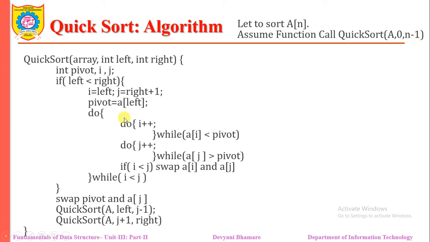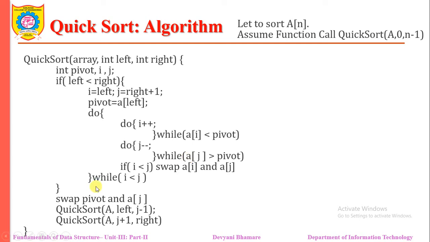Here I and j are the variables that keep track of increasing I and decreasing j. We increase I from the 0th location until we get an element greater than the pivot, and j is decreased by one position from n minus 1 to n minus 2, n minus 3 and so on until we get an element that is less than the pivot element.